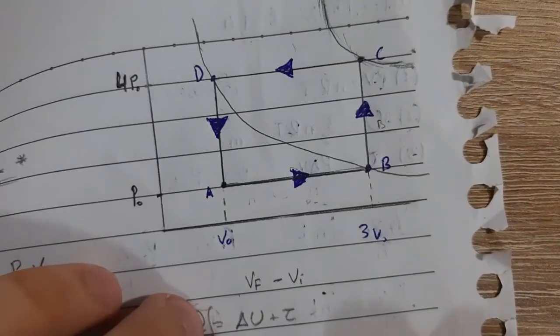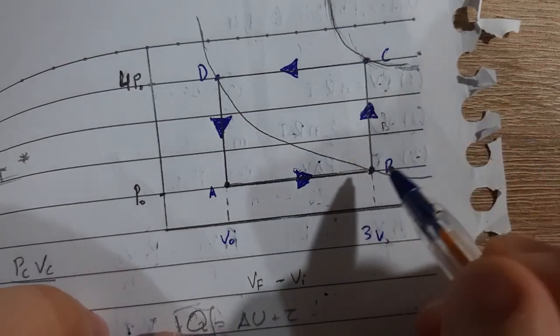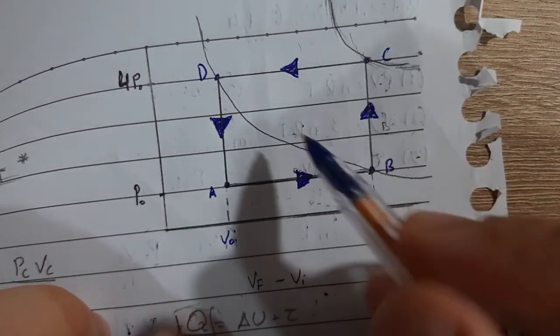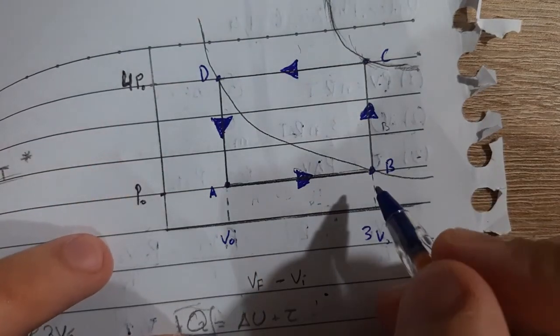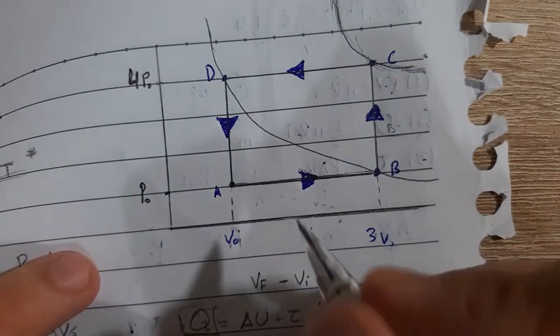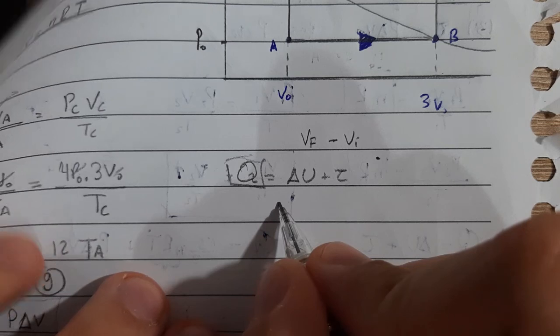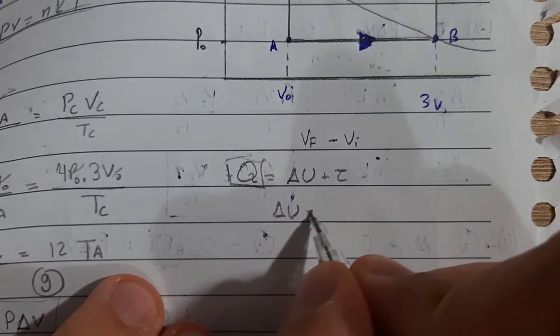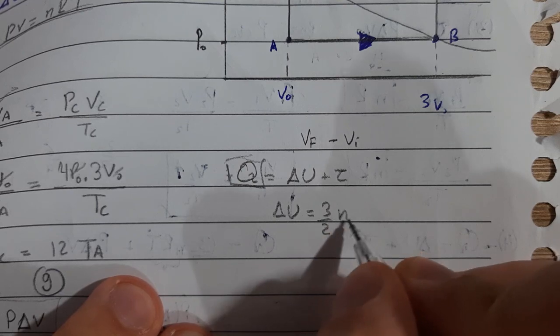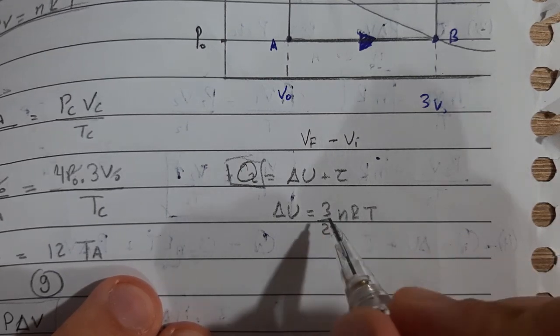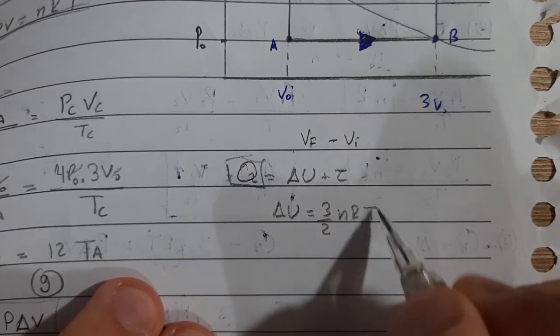So look, if you studied cycles in thermodynamics, what is the internal energy? The internal energy for this monoatomic gas is 3 divided by 2 nRT, right? So look, it only depends on the temperature.